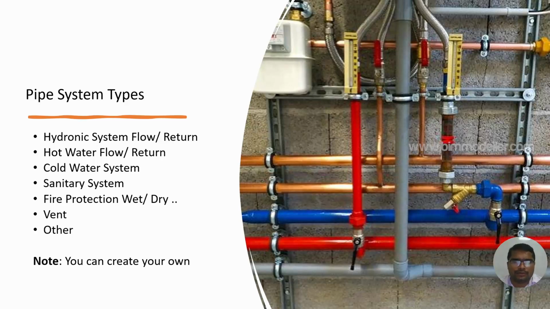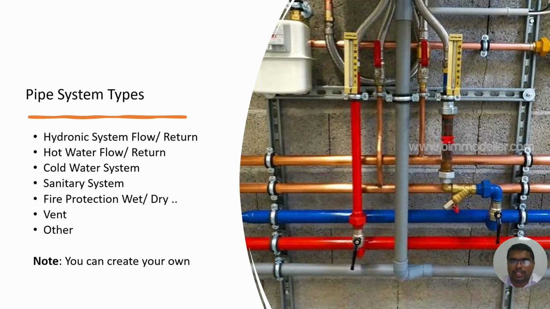There are many in fire protection: wet, dry and other systems. Vent for the airflow and other systems are available in Revit. So the system is a mechanism which is used to differentiate the different pipe types available in Revit.